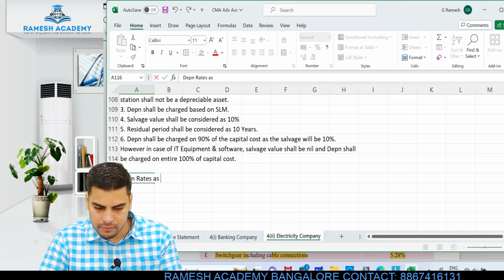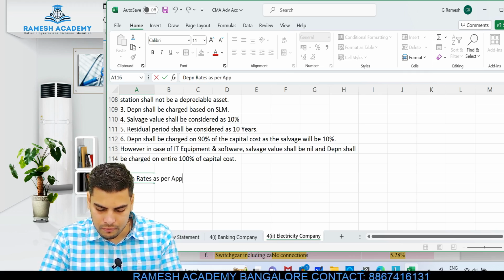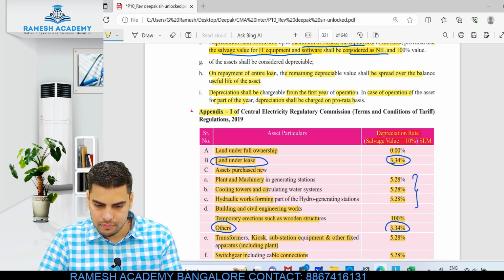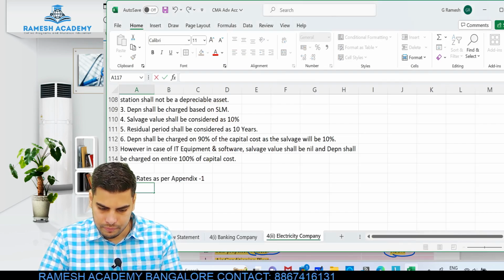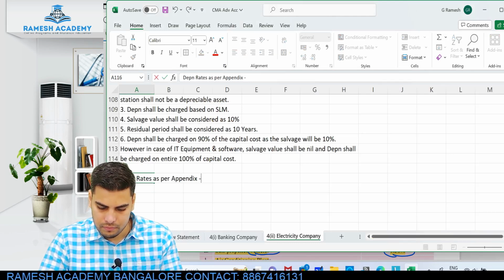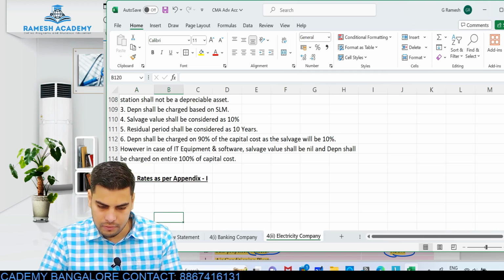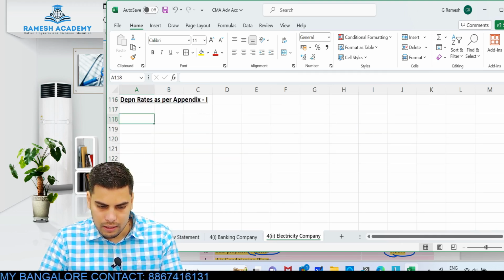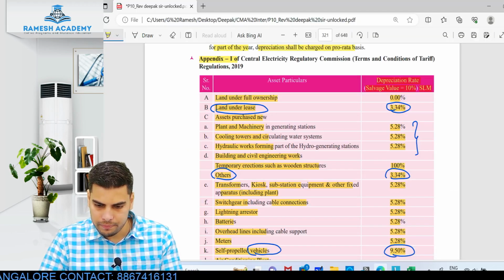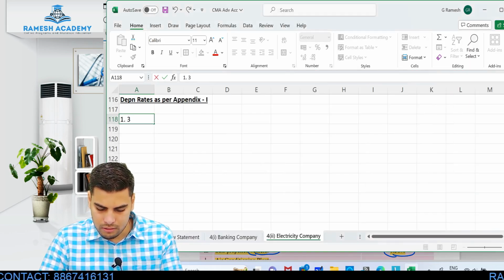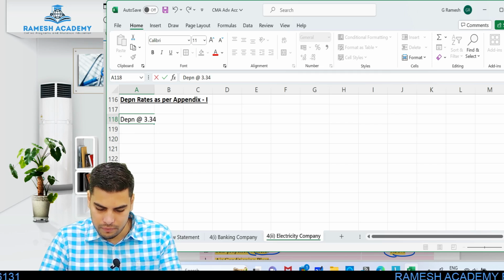Depreciation rates as per Appendix 1. All right, so here we have different rates of depreciation. Let us classify them this way. First, depreciation at 3.34%.